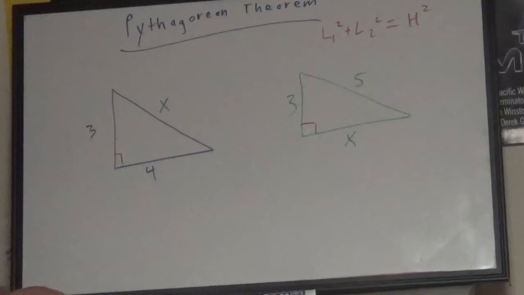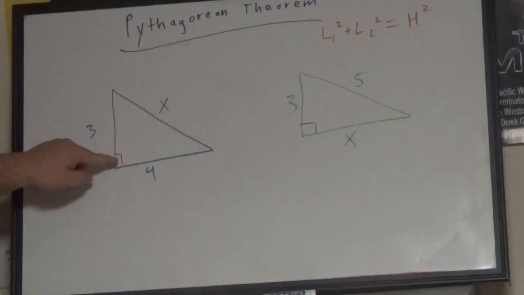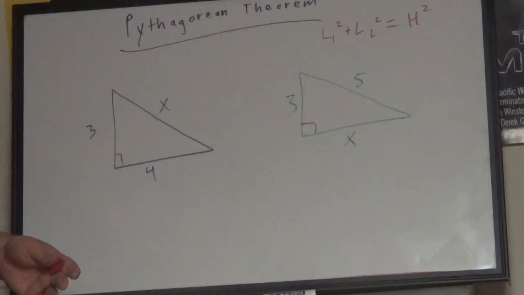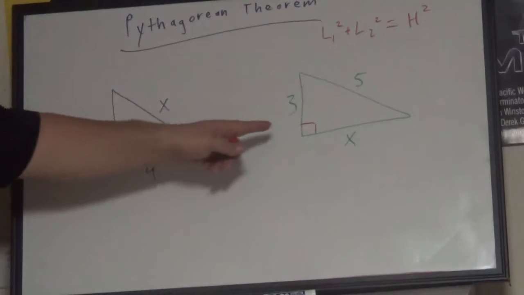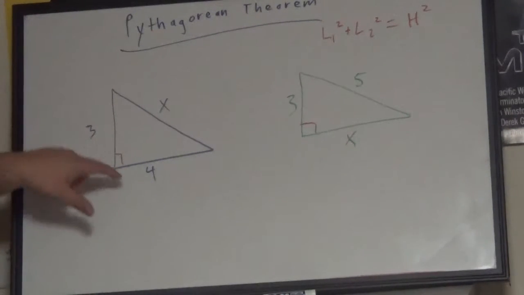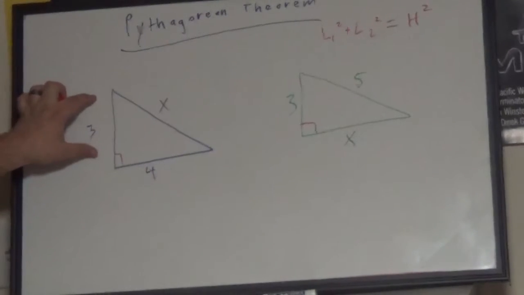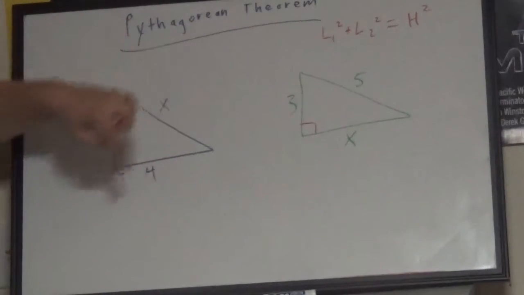So, we're talking about right triangles. Each right triangle, we have the right angle. It's a 90-degree angle that makes it a right triangle. And that's going to be marked for you, so you know what the right angle is. And then the three sides of a right triangle are the two legs and the hypotenuse.